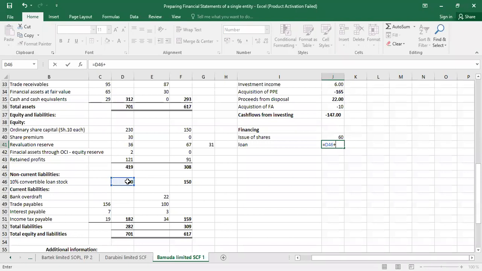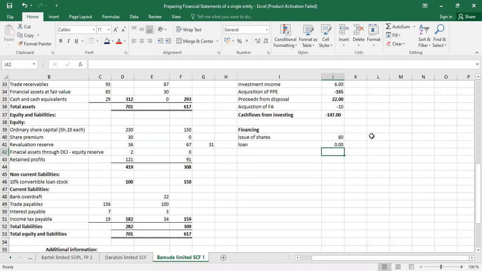So here is where we add, because the loans were converted, so it was reducing the loans. Plus 50 minus, we find that we never acquired a loan and we never repaid again. So it was just the same.